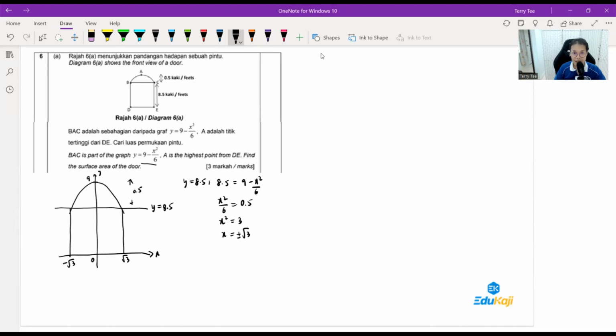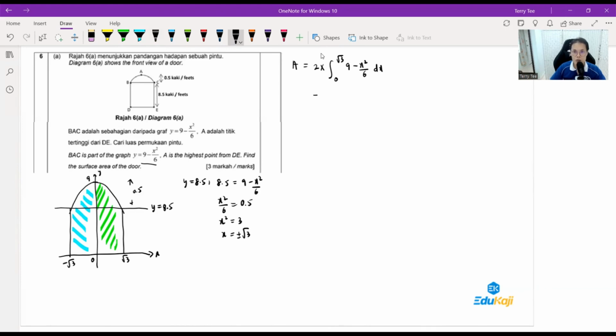Now, why do I need to do this? Because I need to find the area. Remember, area under the graph can be calculated by using integration. I can see that the two halves are symmetrical. So rather than integrating from negative root 3 to root 3, I would just take 2 times the integration from 0 to root 3 of 9 minus x squared over 6 dx.